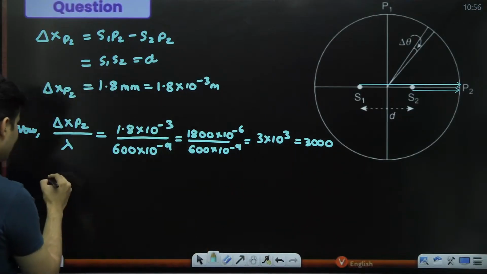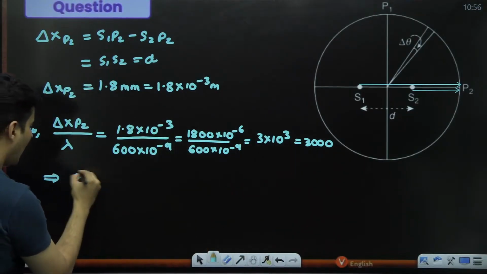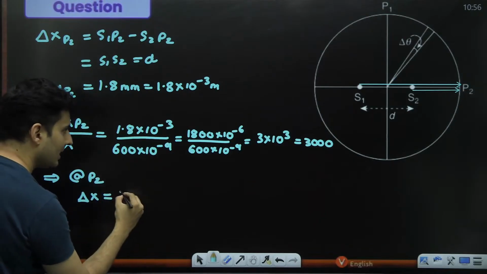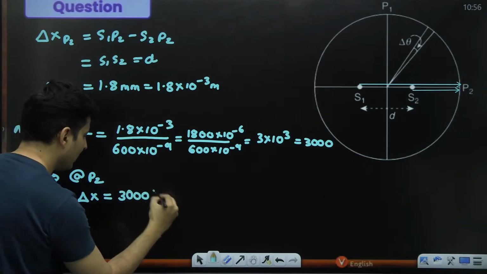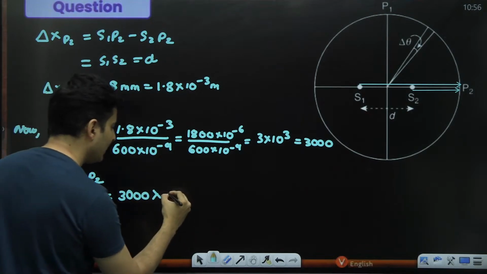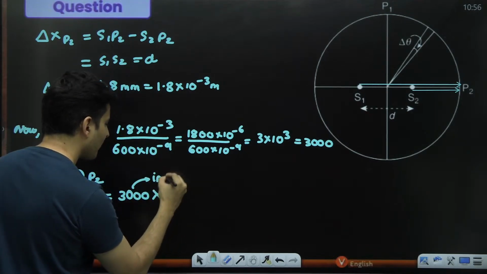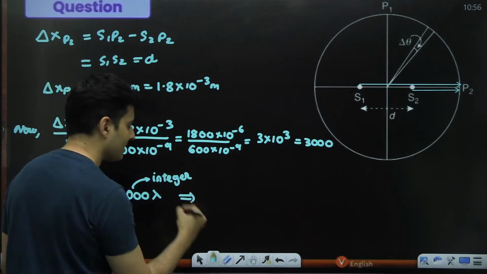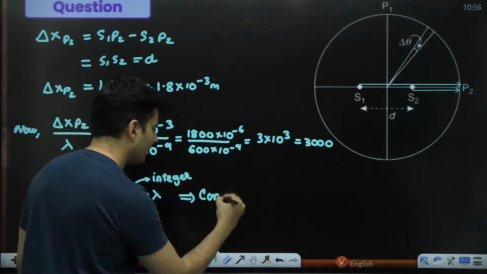So that means at point P2, the path difference is 3000 lambda. 3000 is an integer, and whenever you have an integer, it means it is a constructive interference.